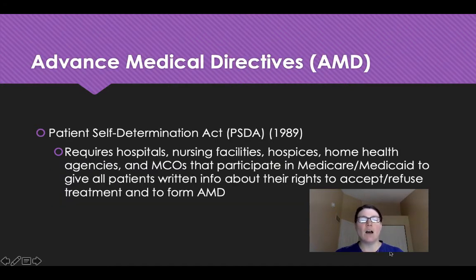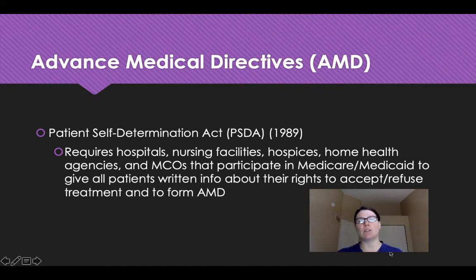So advanced medical directives came out of the Patient Self-Determination Act, and I don't know if we talk about that in the law class. Our law class isn't really a law class. It's more focused on policy. But the Patient Self-Determination Act is really what governs autonomy in this country with regard to healthcare.